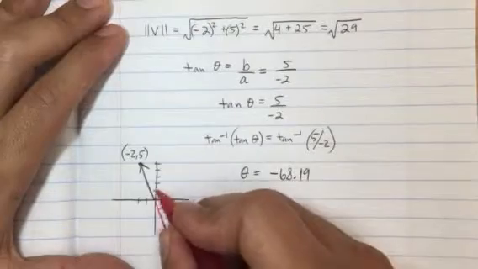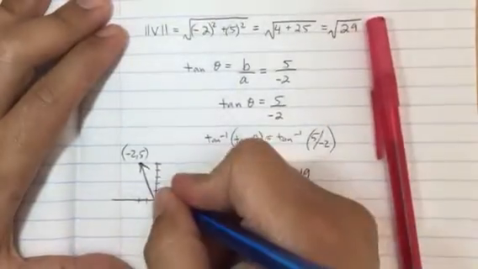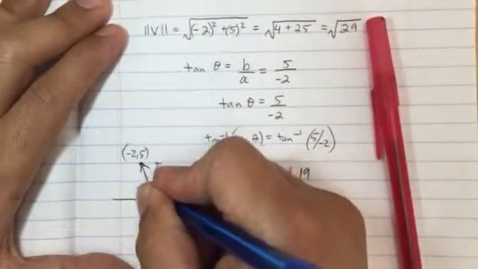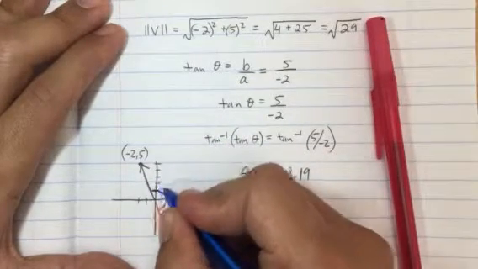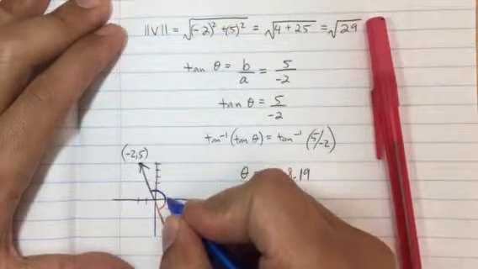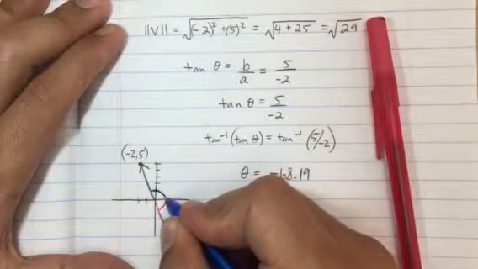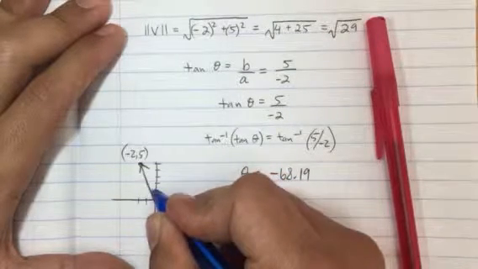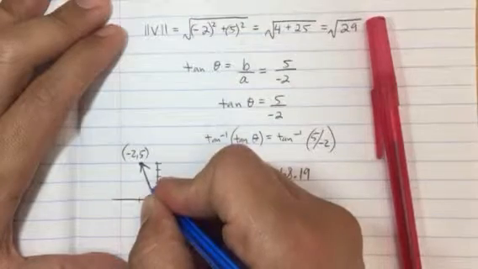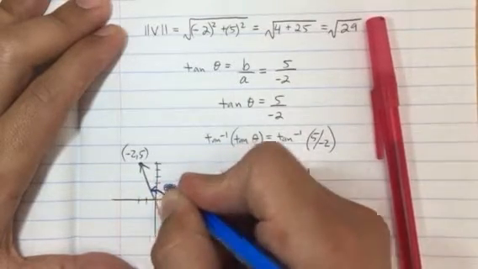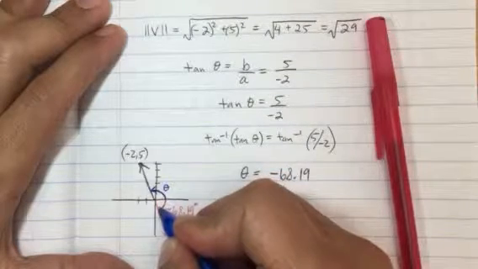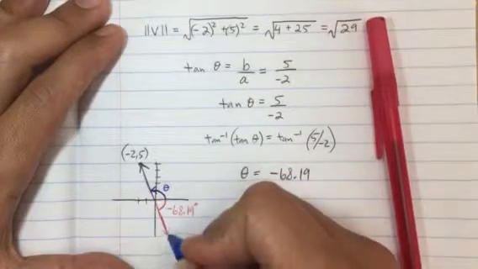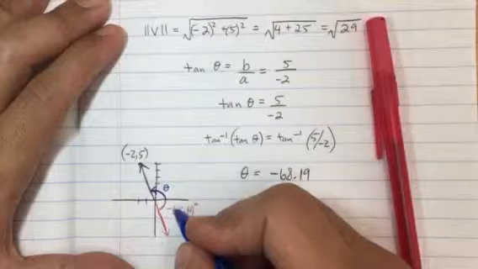We actually need to find this blue angle right here. It tells us the right direction, because remember, we always need to start from the positive x-axis and go counterclockwise. This red one is for a vector going down in this direction, so you can see why we don't want to use it.